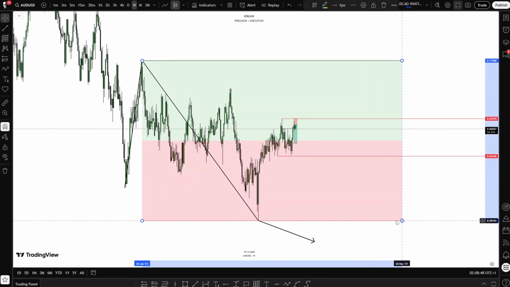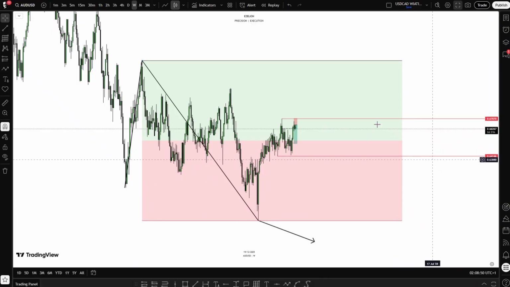If you want to sell, you want to be selling off of premium. If you want to buy, you want to be buying off of discount. This whole thing is occurring on the premium side of this dealing range. That's one.